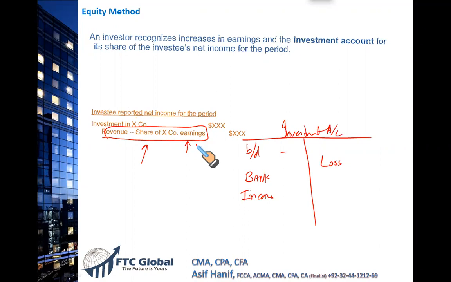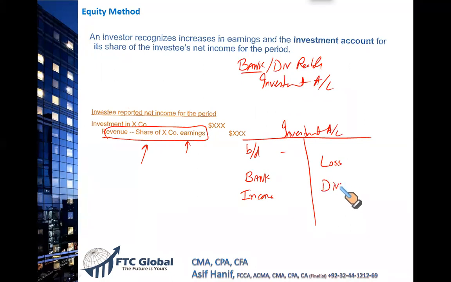So when you receive the dividends, the entry that you make is you debit your bank, and the credit is given to the investment account. Remember, when you receive dividend, debit bank, or if dividend is receivable, you debit dividend receivable. If it is due, you credit your investment account. So dividend appears on the credit side of your investment account. Please write down this format.